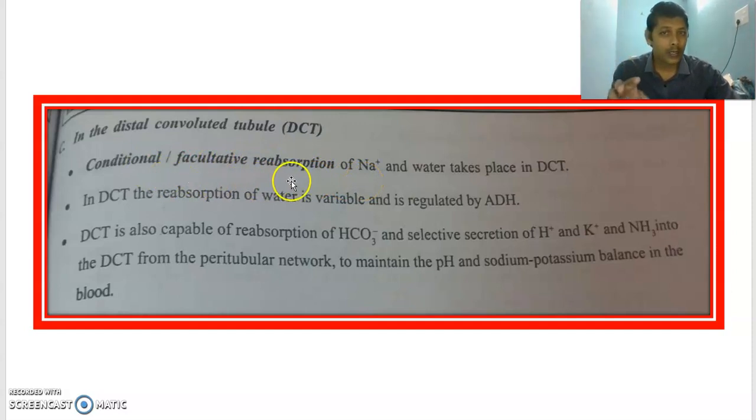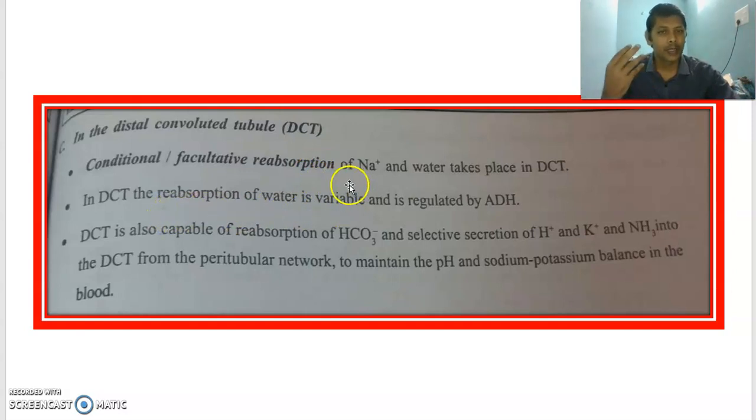Here, conditional and facultative reabsorption of sodium and water takes place in the DCT. Earlier you learned another one, mandatory or obligatory reabsorption, that takes place in the descending limb of Henle's loop and PCT. In the DCT, reabsorption of water is variable, not constant. When you drink more water, reabsorption is less. When you are dehydrated, reabsorption is more.